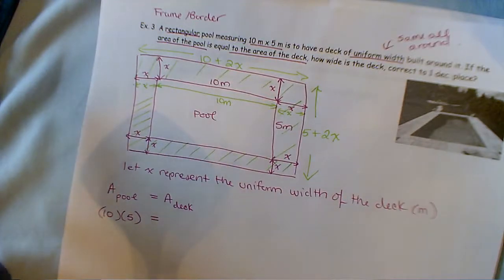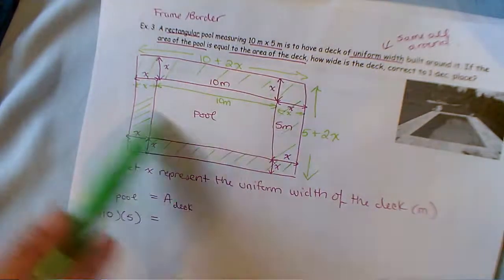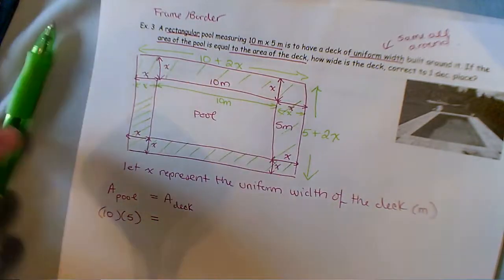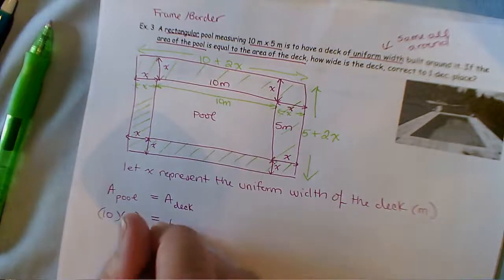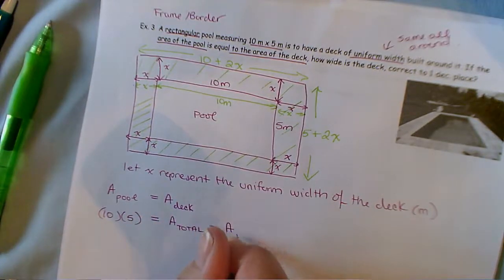This is like those shaded area geometry questions from elementary school, where you have to do the whole area, subtract out the part that you don't want, and that's going to leave you with just the part you do want. So area of the deck is going to be broken down to area total minus out area pool.